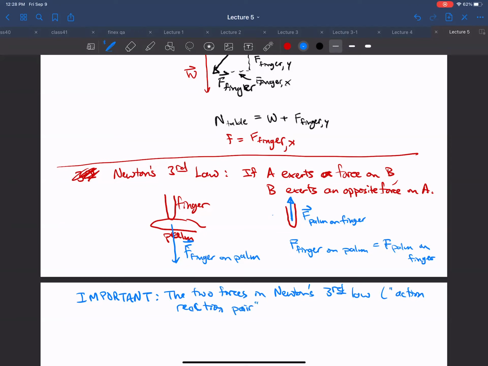So they appear in separate free body diagrams because they're exerted on different objects.